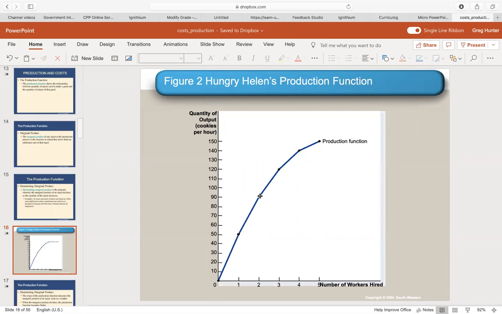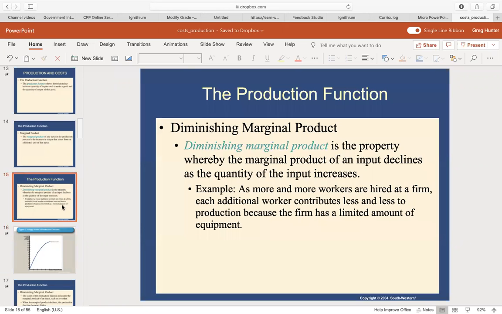So we go from 90 to 120. And then the fourth worker only brings an additional 20 units. We go from 120 to 140. And the last worker, the fifth worker, just brings an additional 10 cookies. And so you see this production function has a slope that's decreasing. It bends over. And that's what a production function that exhibits diminishing marginal product looks like.